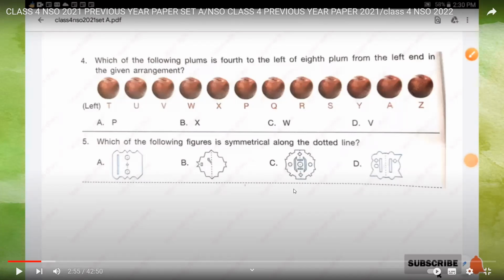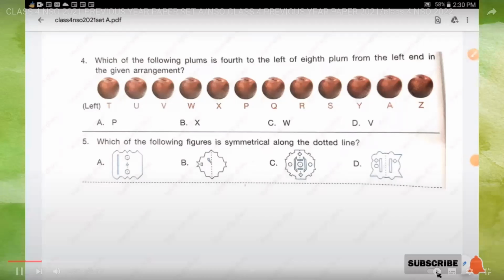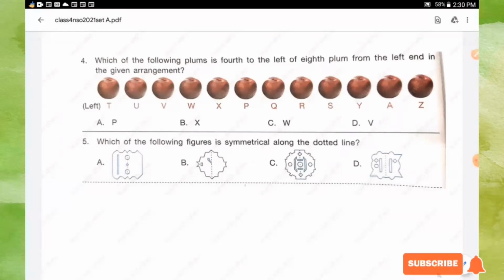It's saying which of the following plums is fourth to the left of the eighth plum from the left end in the given arrangement. See, this is the left end. So which of the following plums is fourth to the left of the eighth plum?